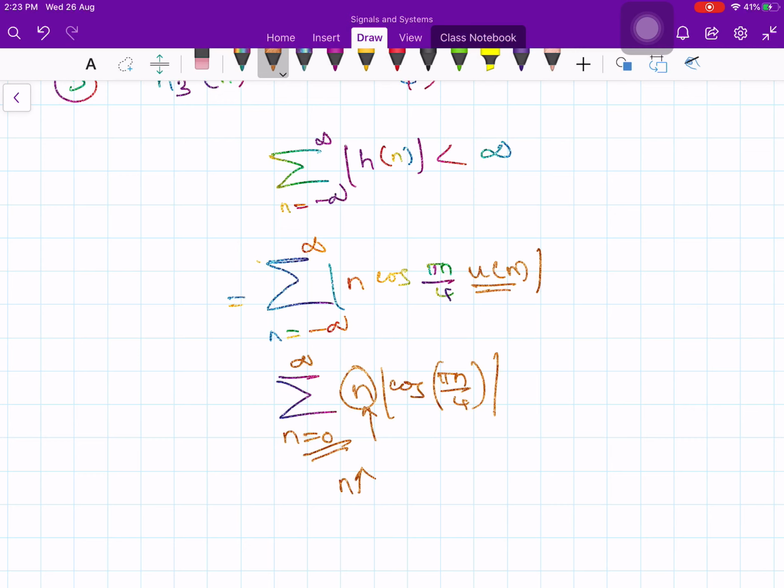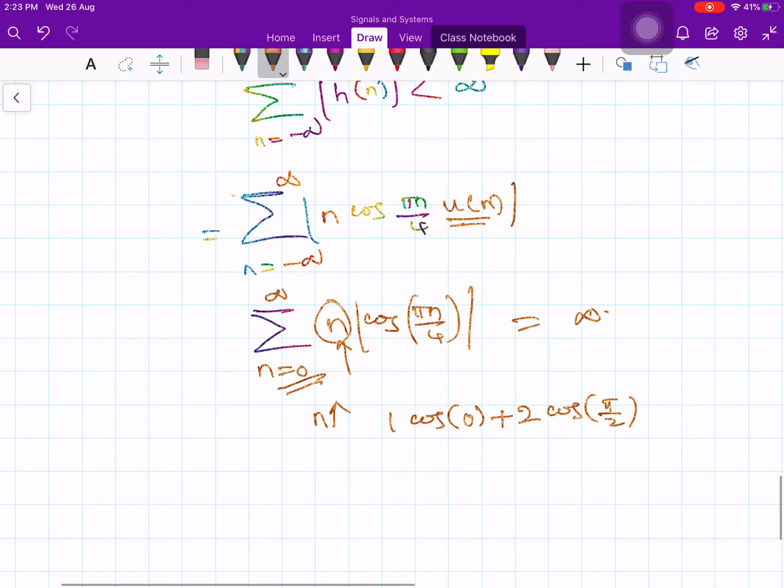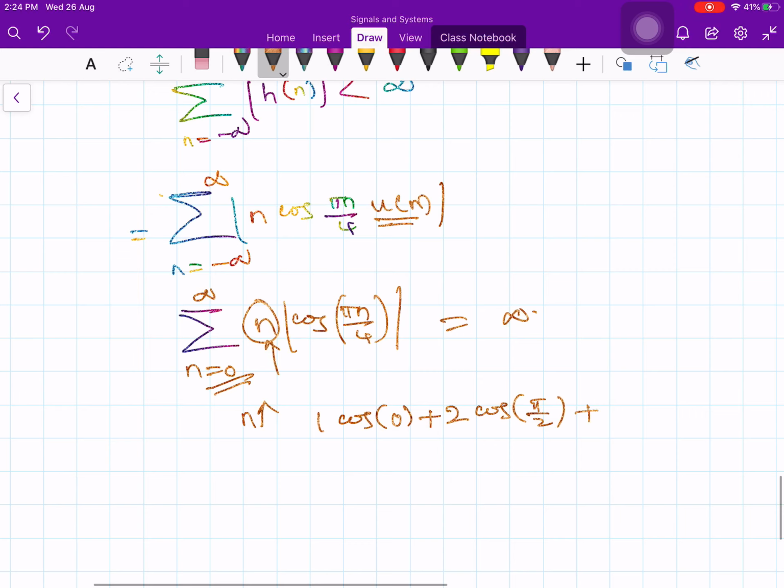Its value is going to be infinity. Wait a minute, I am sorry, I wrote wrongly. When n equals 0, the term is 0. When n equals 1, 1 times cos of pi by 4.